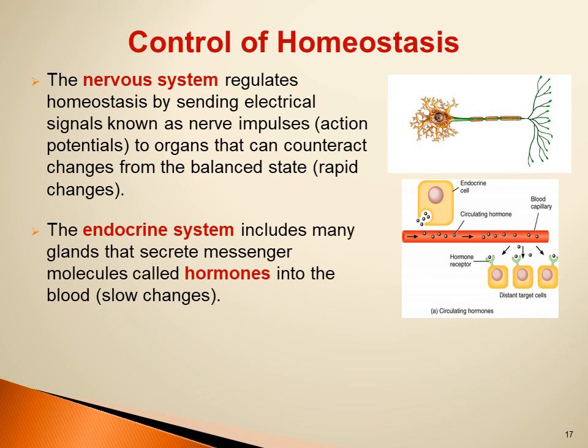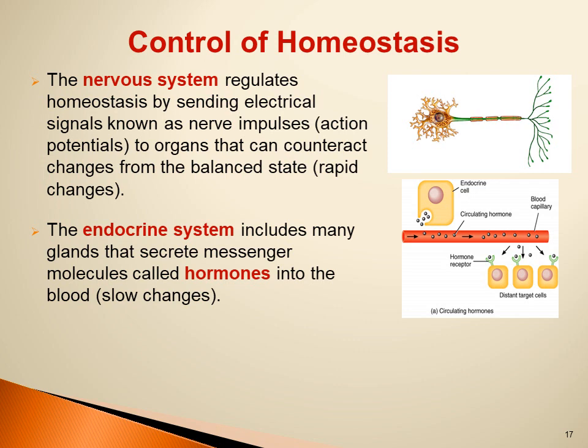The endocrine system is composed of different endocrine glands that release chemicals called hormones, and these hormones work as messenger molecules. Usually these hormones enter the blood, circulate throughout the body, and affect cells that have the receptor for those hormones.